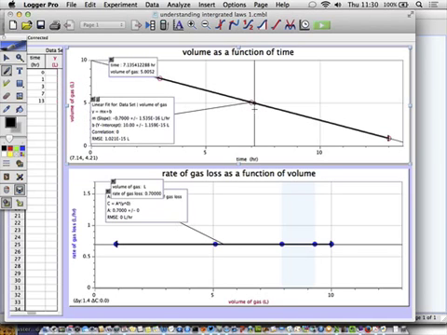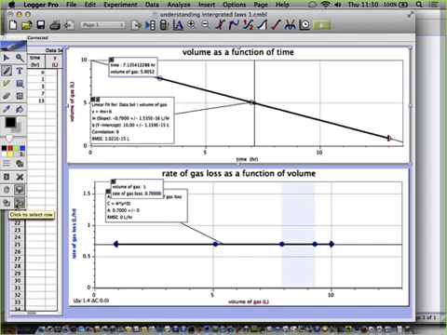Now, I can also do that algebraically, because if the equation is volume is equal to, what was the slope here? Minus 0.7. Minus 0.7 t plus 10. How can I find the half-life? Plug a volume in of 5.